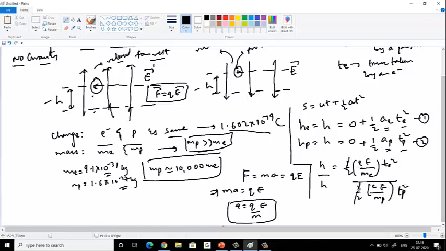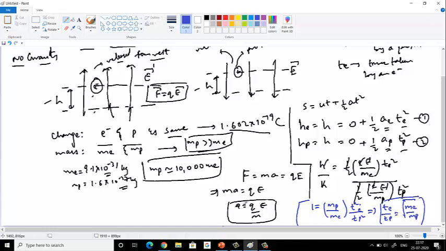So half will get cancelled, e and E will get cancelled, H and H will get cancelled. What will be left here? 1 is equal to Mp by Me, when you take the reciprocal, into Te square divided by Tp square. Now if you take it to the other side, I'm putting the answer directly: Te by Tp is equal to under root of Me by Mp.